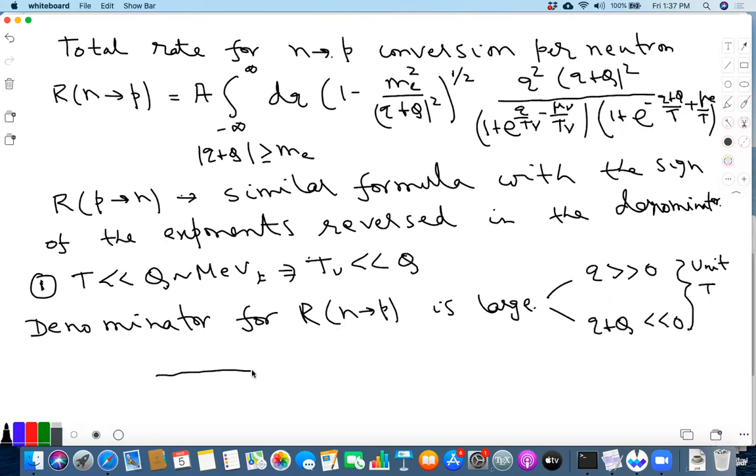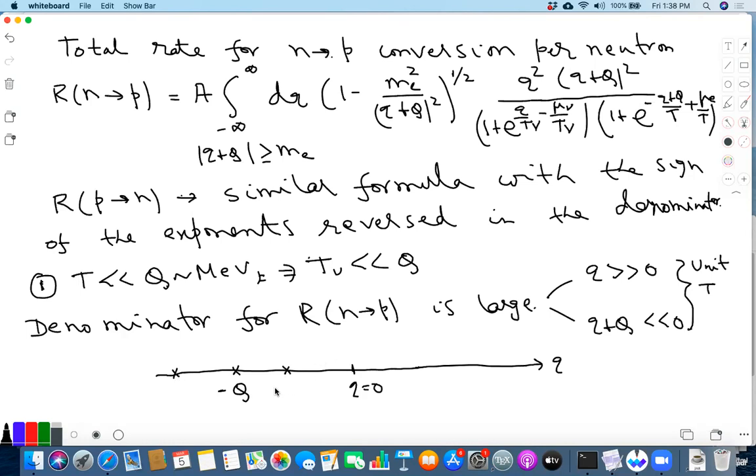So let me draw the small q space over here. So let's say q equal to 0. And here you have minus Q. And now let's mark two more points.